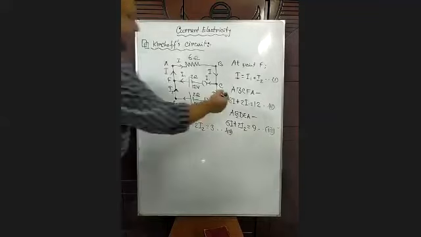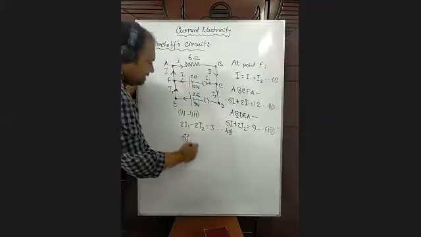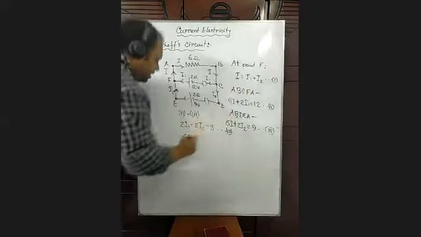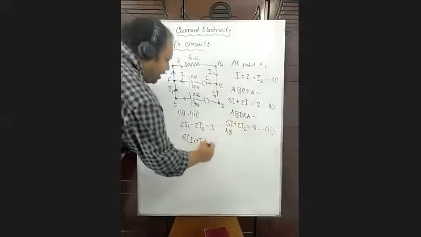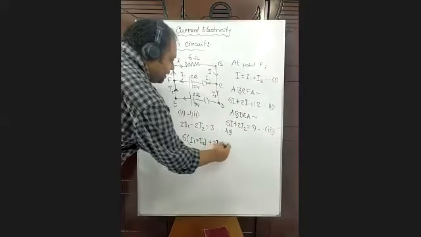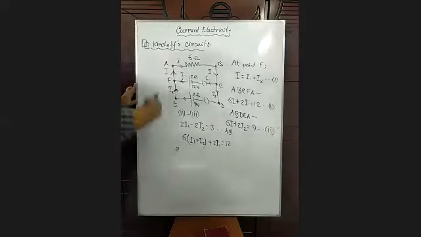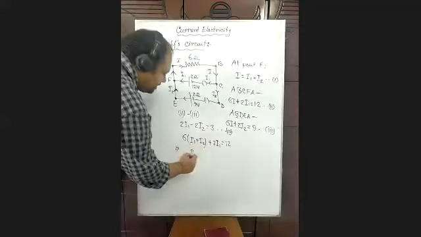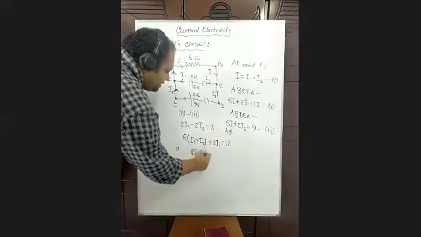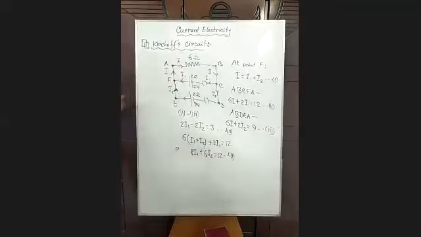So I recall equation 2: 6I, where I is I1 plus I2, plus 2I1 is equal to 12. So I can convert I into I1 and I2. So 6I1 and 2I1 make 8I1 plus 6I2 equal to 12. This is equation number 5.